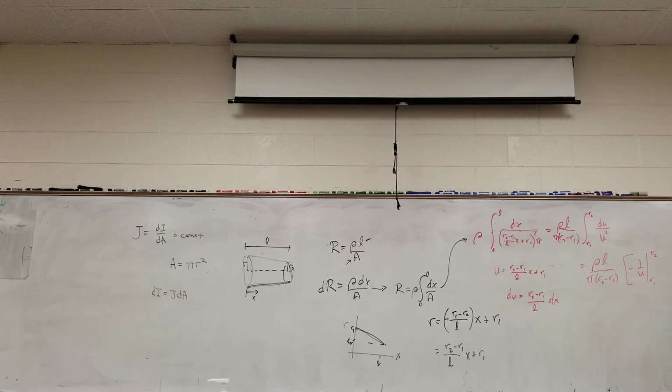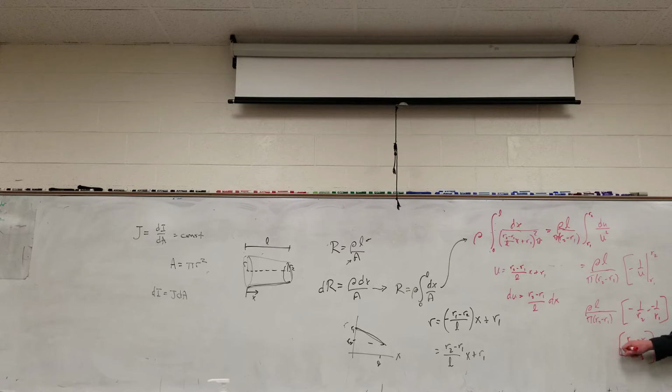Then negative 1 over R2 minus negative 1 over R1, which becomes R2 minus R1 over R1 R2. That seem right? Yeah, feels right.